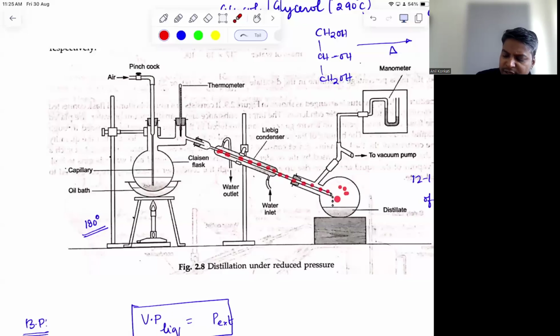We will condense everything here, and this is going to form a distillate. Okay. Like you can see that here there is a vacuum pump just to ensure that it will get easily evaporated, so these vapors will come more easily here. So then, as and when you start decreasing temperature, it will start getting distilled.